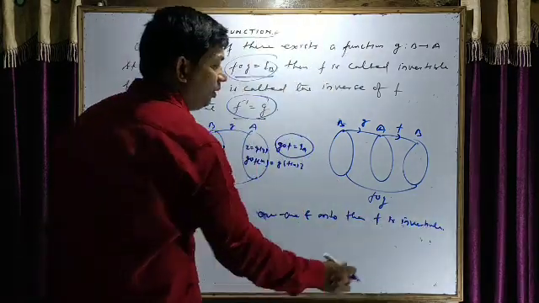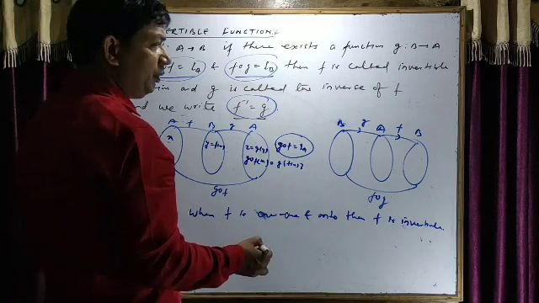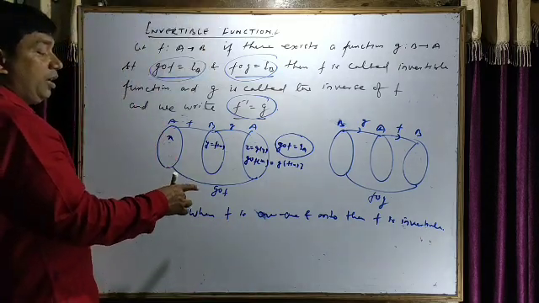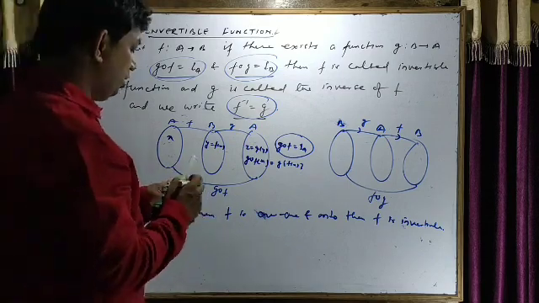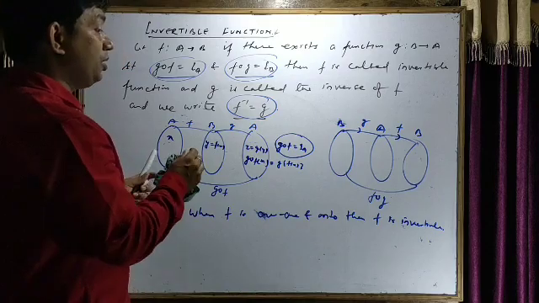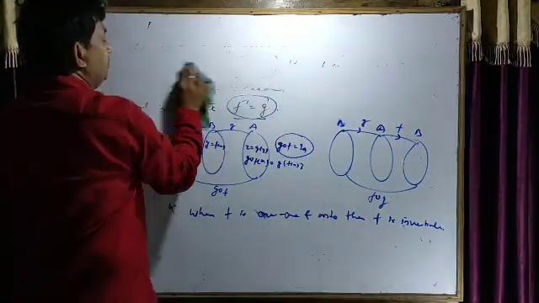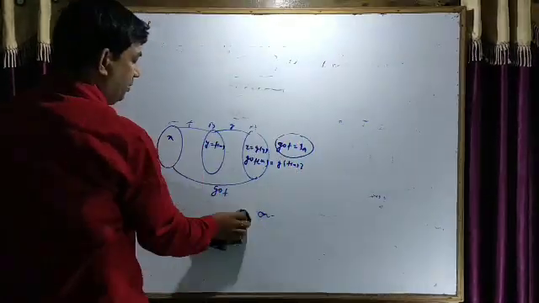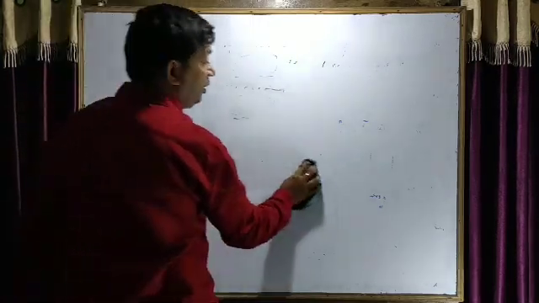So if you have to prove or find f is invertible, then I have to show that f is 1 1 and onto. Now some more questions. That means you have to prove bijective. If it is bijective, then function is invertible.